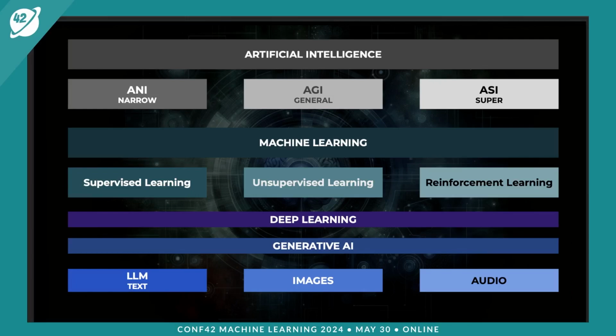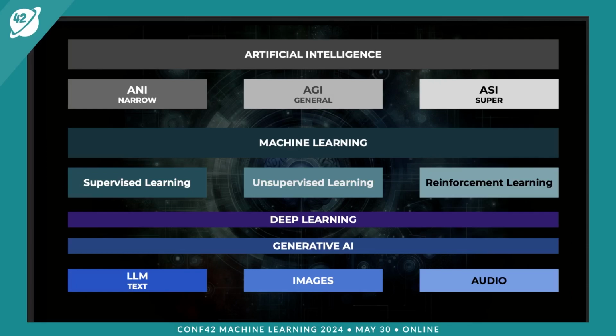The next stage is AGI, wherein the AI tools are more advanced and complex, and could help solve more complex problems than the ANI stage. And lastly, we have ASI, wherein at this stage, the AI tools can possibly help solve the world's problems. So under AI, we have machine learning.